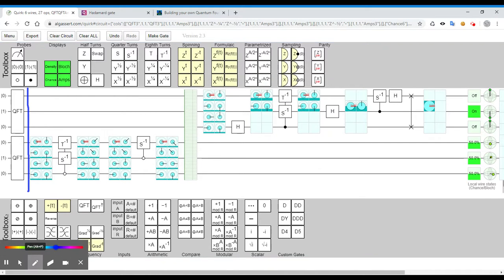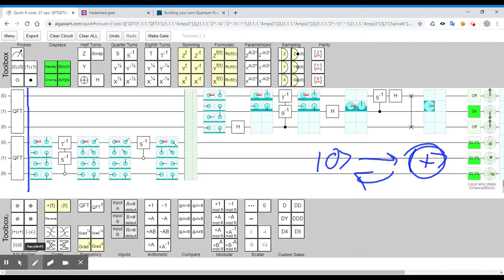The reason is that, if you remember, the Hadamard operation takes the state 0 to the plus state and vice versa. A plus state is a state where the relative phase between 0 and 1 is the same.